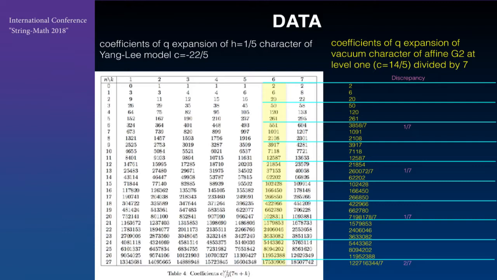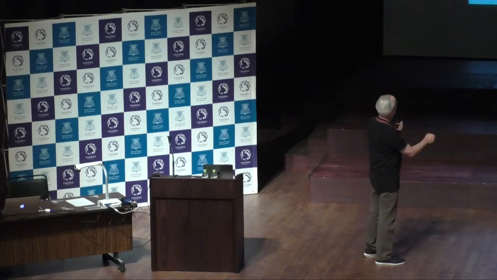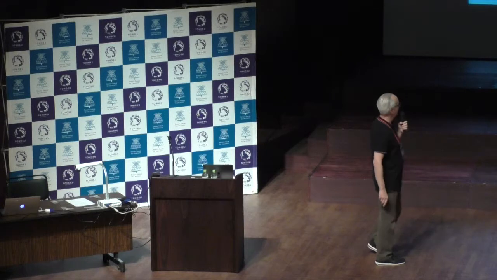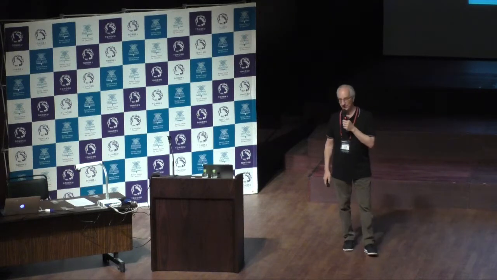Here are the coefficients in affine G2 at level 1 divided by 7. And you'll see that the coefficients in this column are almost exactly the same as the coefficients in this column. So 120, 120, 261, 261, but then 551, 3858 over 7, those two numbers differ by a seventh.